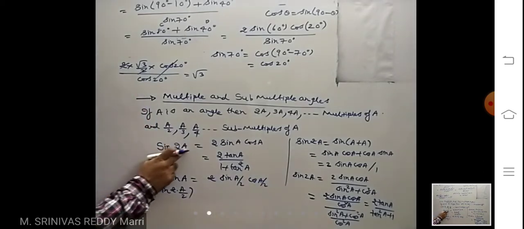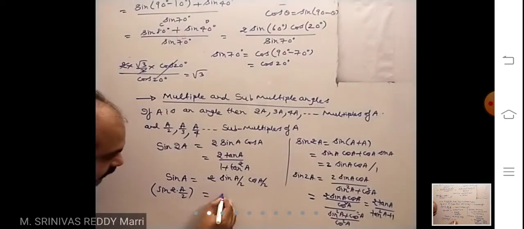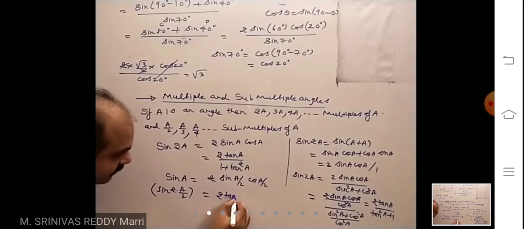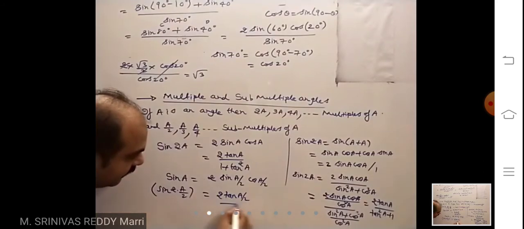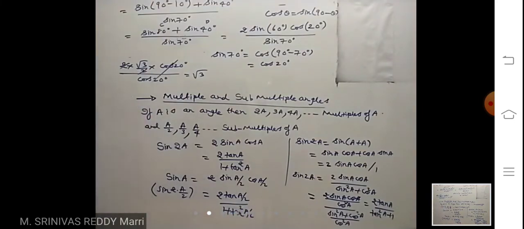Here 2A is there, and A you got. Here A is there, what will you get? Half the angle, A by 2. The next formula is 2 tan A by 2 divided by 1 plus tan square A by 2. So half of this angle you will get. Half of A is what? A by 2.